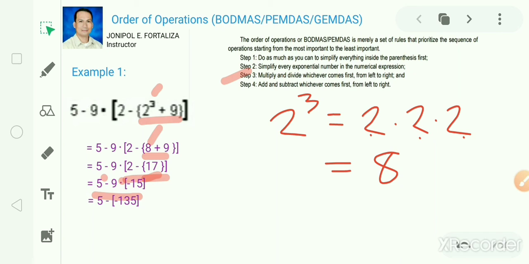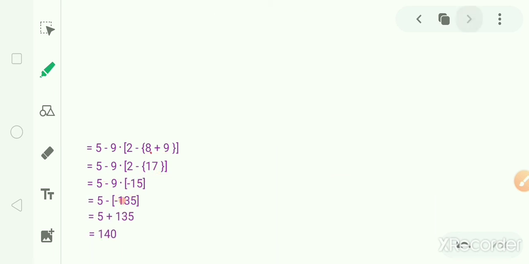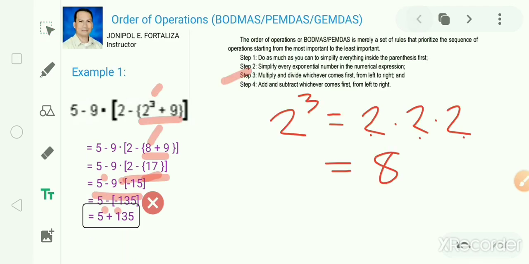So we have here the negative and another negative. The multiplication of both negatives entails a positive. So negative times negative 135 becomes positive 135. Okay, so there you have it.